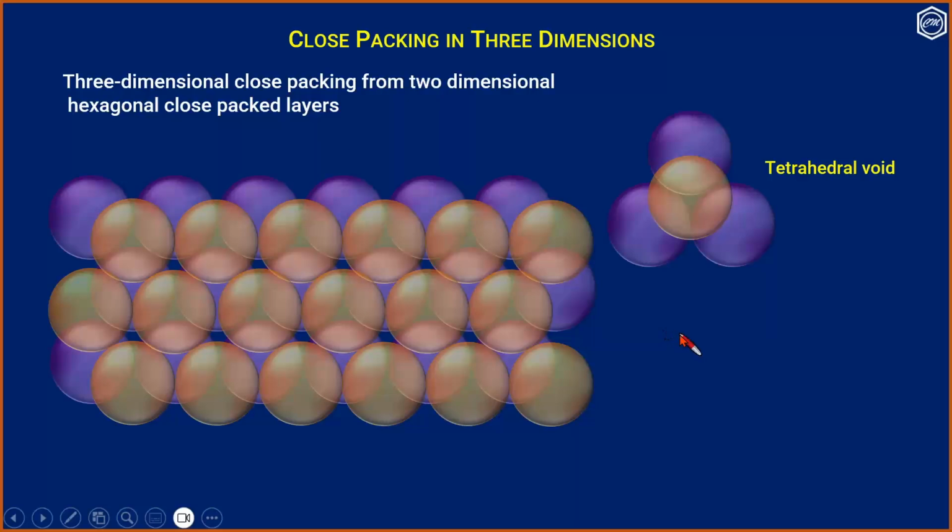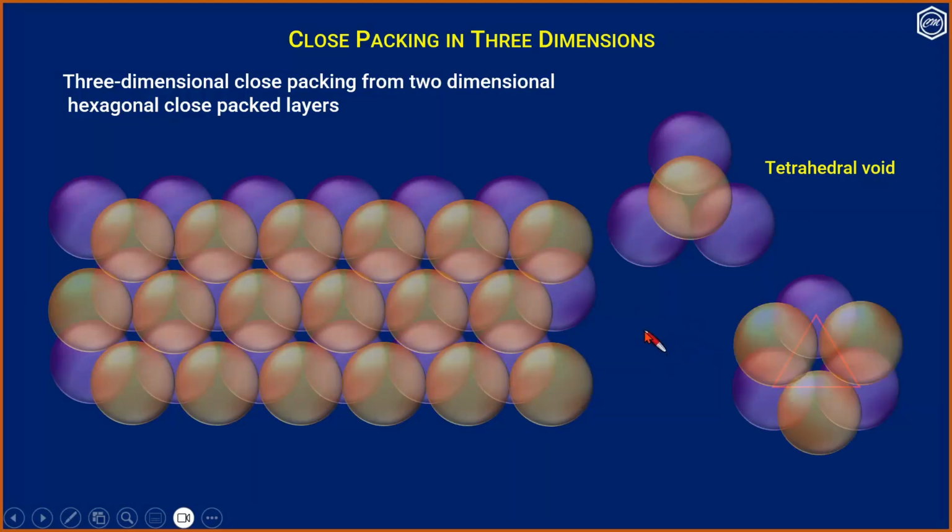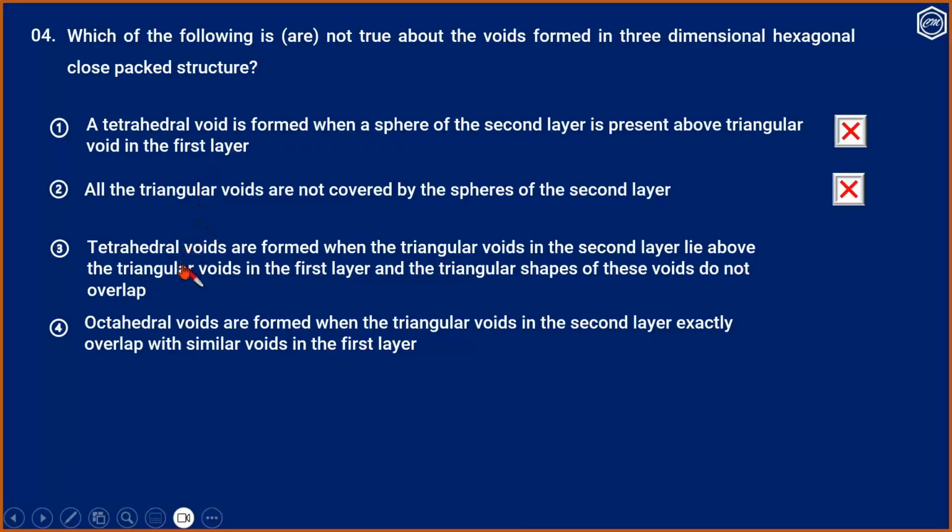Now take a triangular void in the first layer. So this is the triangle. And now this one, if we take these three atoms, that forms another layer. So the triangle of this one, but this generates an octahedral void, not a tetrahedral void. So therefore this statement is wrong. That is an incorrect statement.